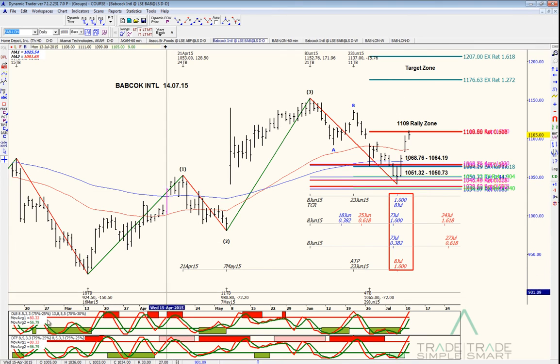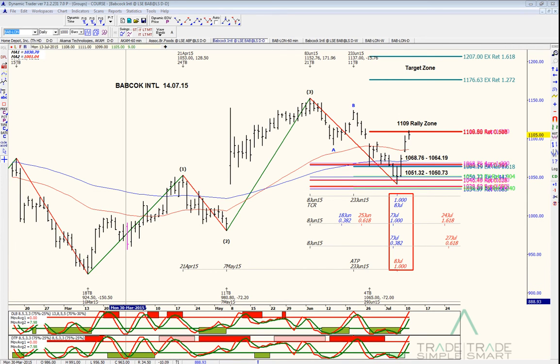We saw the price action from the 2nd come down into our second zone of 1051.32 to 1050.73.